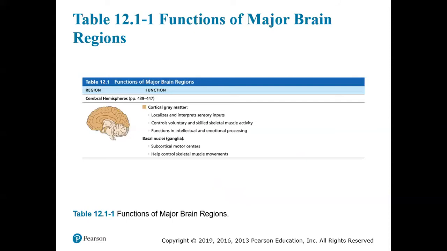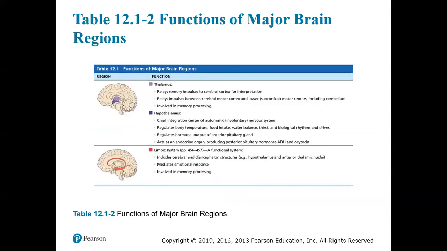Table 12.1-1 breaks down major brain regions and their functions. Cortical gray matter functions in intellectual and emotional processing. Basal nuclei, aka ganglia, help control skeletal muscle movements. Thalamus is involved in memory processing. Hypothalamus.